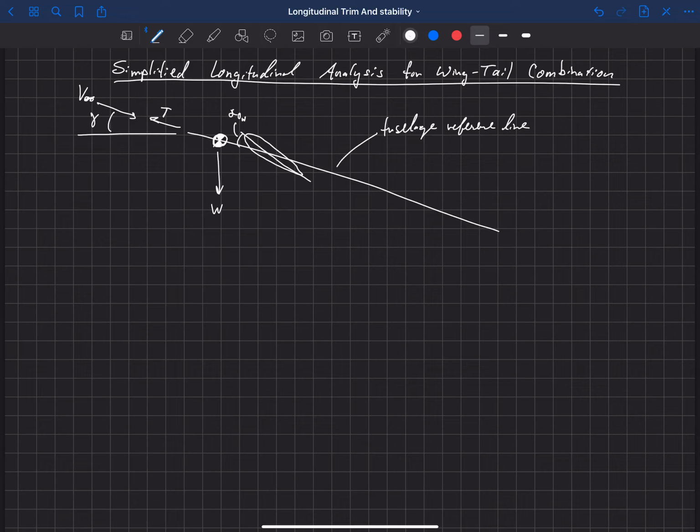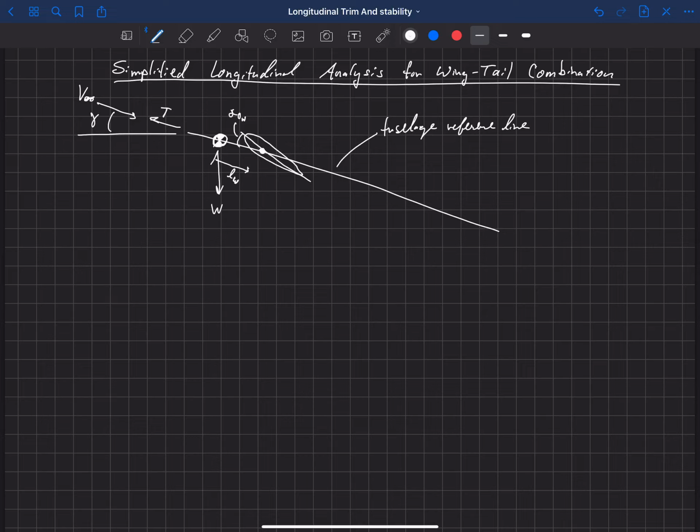Okay, so alpha naught wing. That's the mounting angle. And that main wing also sits at a distance that we're going to call L sub W. That's the distance back to the aerodynamic center of that wing, which lies on this fuselage reference line.